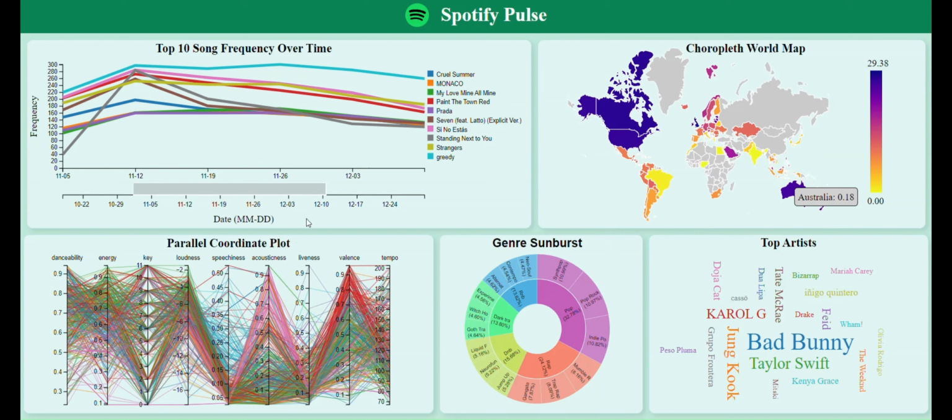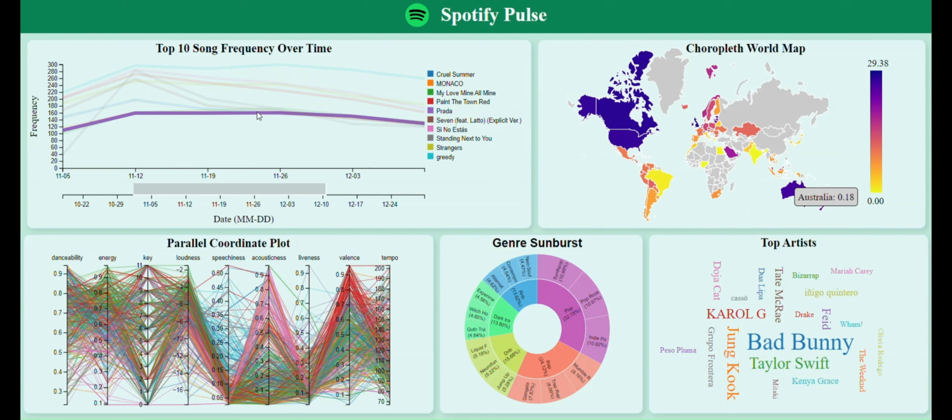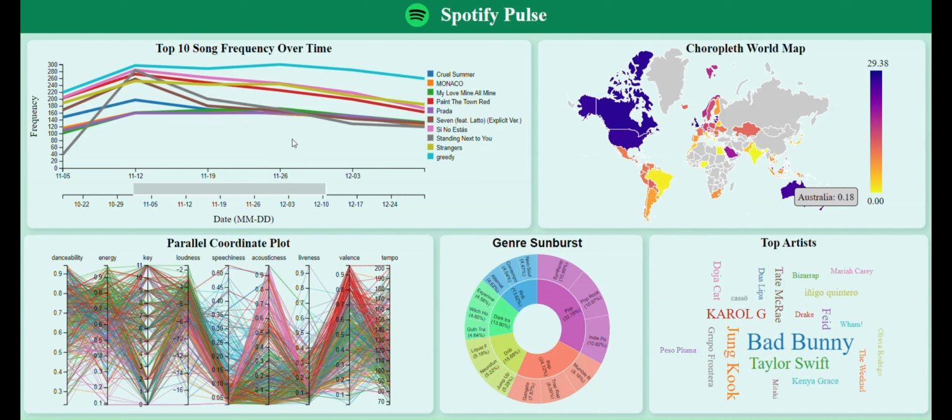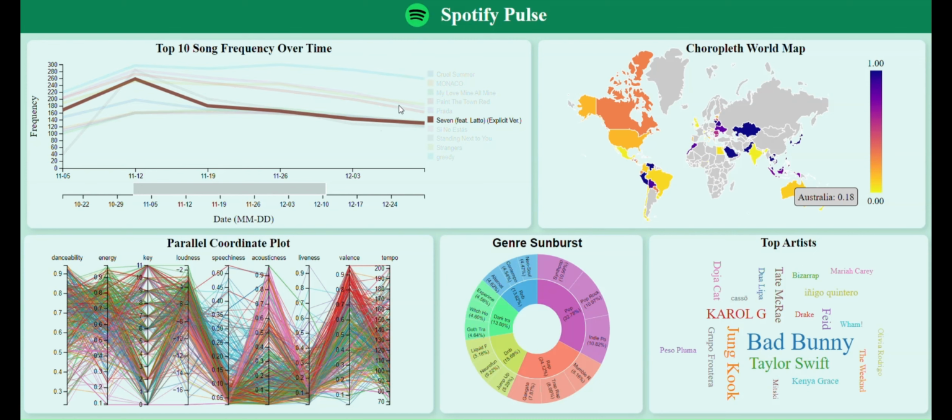There is also a feature where you can select an artist. Let's say you want to see where Monaco is popular. So Monaco is orange, so let's go to orange. Okay, let's see for 7.